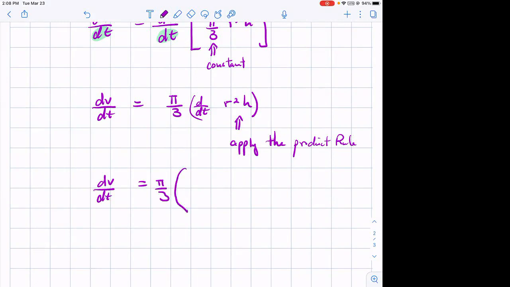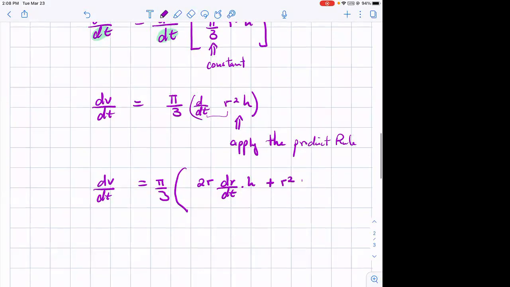And then notice that the variable here is different, right? It's with respect to t. So this becomes 2r dr/dt times h, plus now the r squared, and the derivative of h is 1, and then we have dh/dt.